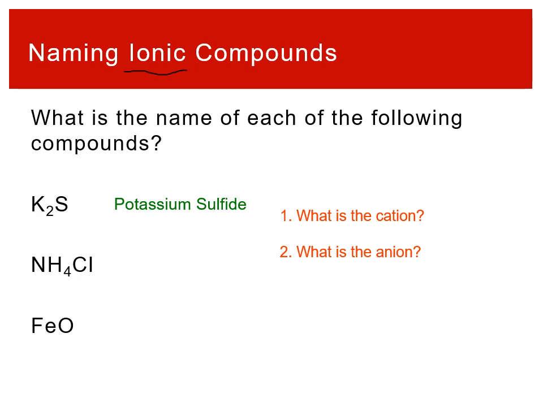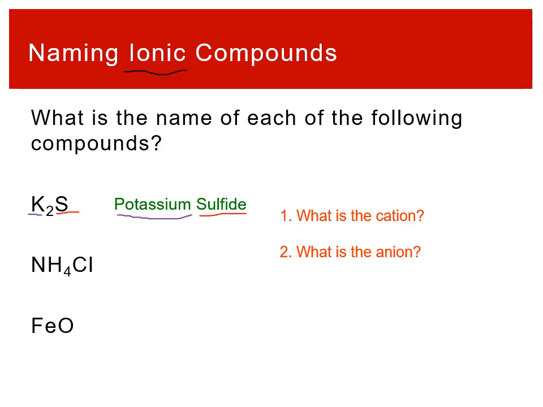For K2S, if we're using the periodic table, K is potassium. And then we also know that S is sulfide or sulfur, but because it's an anion, you need to change that ending to ide, so potassium sulfide. We don't need to have any information about the 2, because given that it's potassium and sulfide, we could figure out what the charges are, and from that determine the formula.